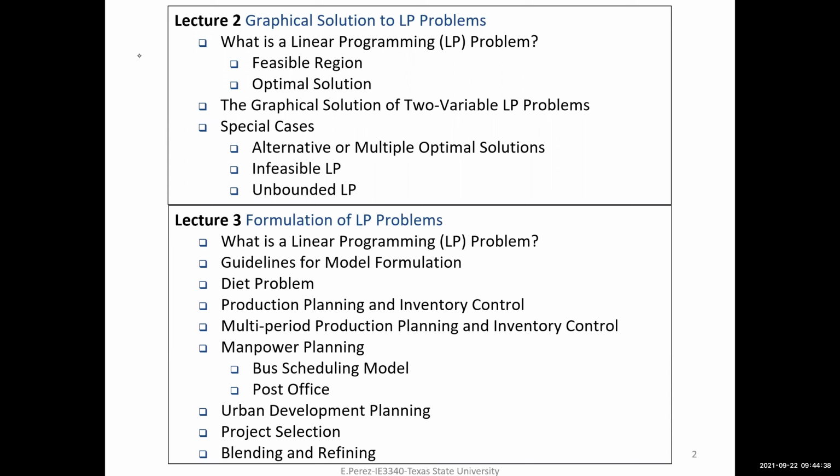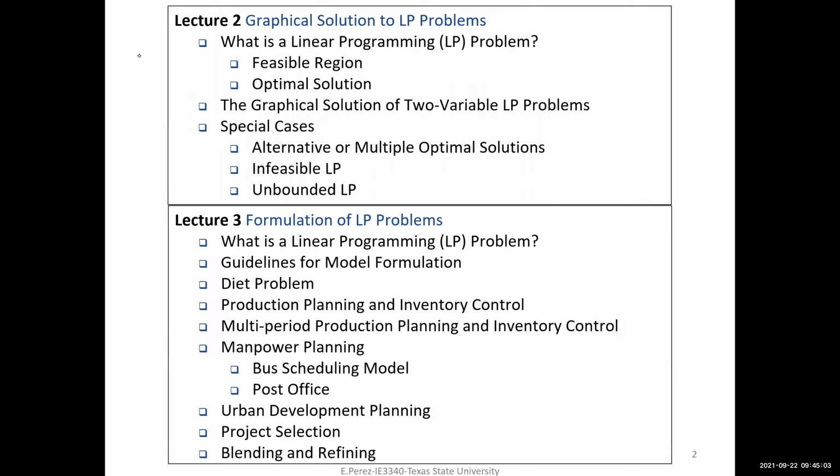Good. And then the formulation of linear programming problems. So we talk about what is linear programming, the guidelines for model formulation, and then we went through the examples: the diet problem, production planning, inventory control, multi-period production planning, manpower planning. We discussed the bus scheduling problem and the post office problem.